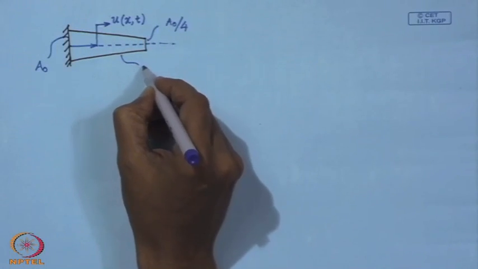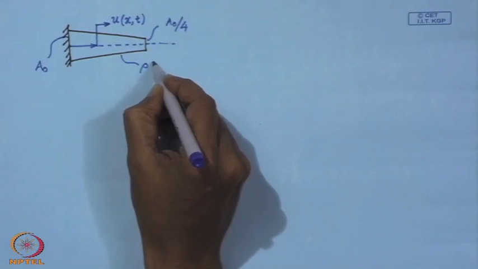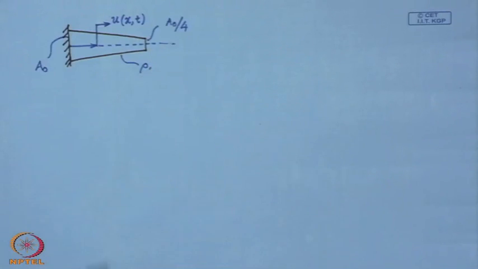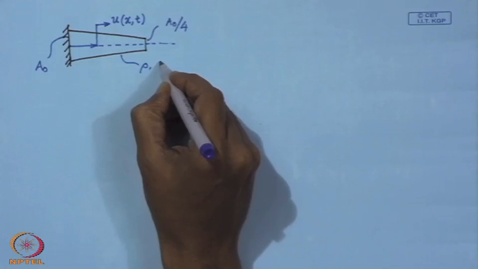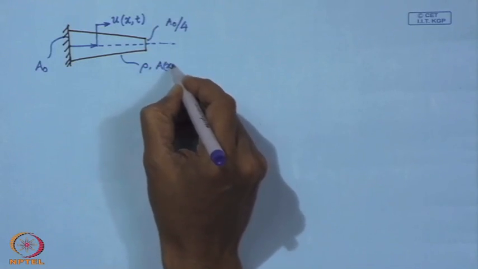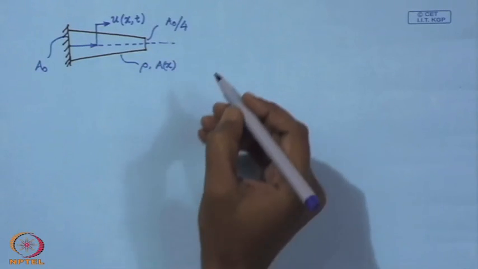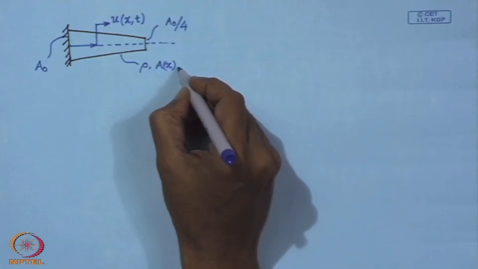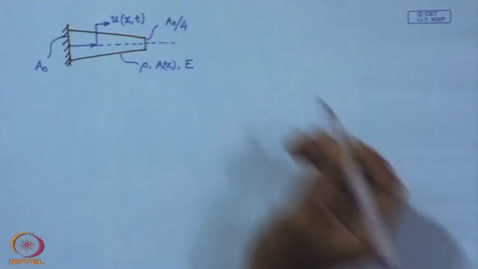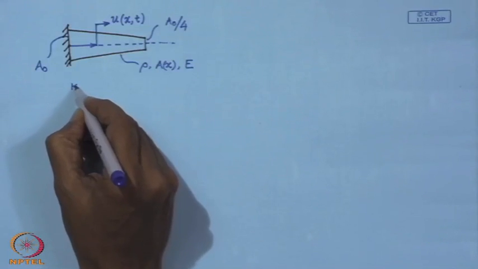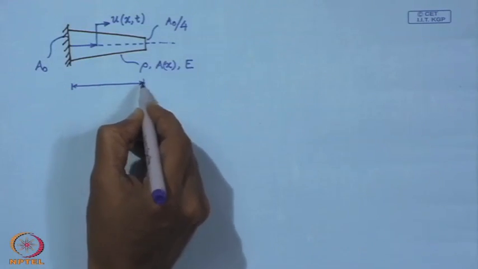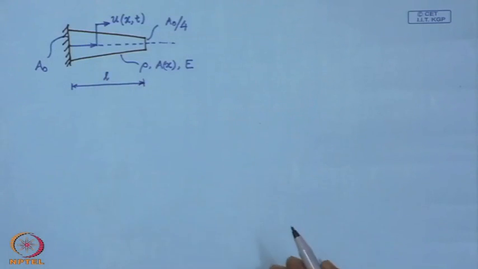We assume that rho is the density of the material of the bar, and of course, A as a function of x is the area of cross section, and Young's modulus is E, and the length of the bar is L.